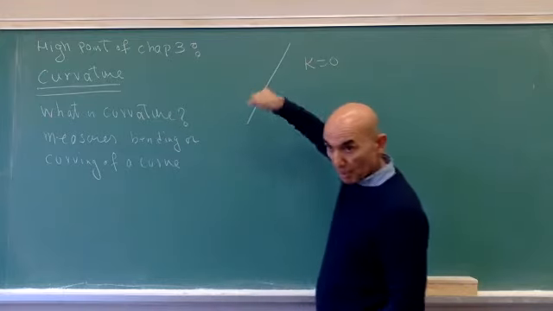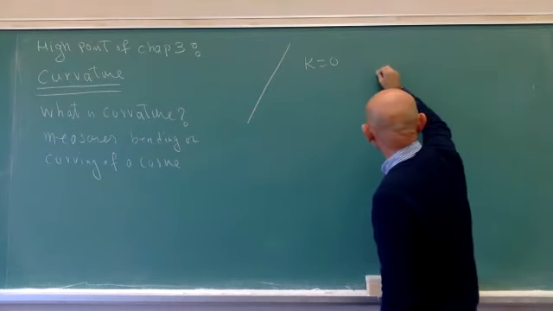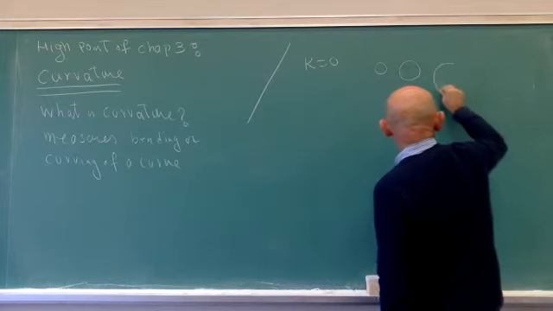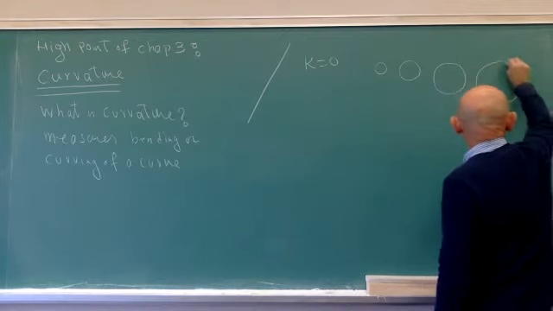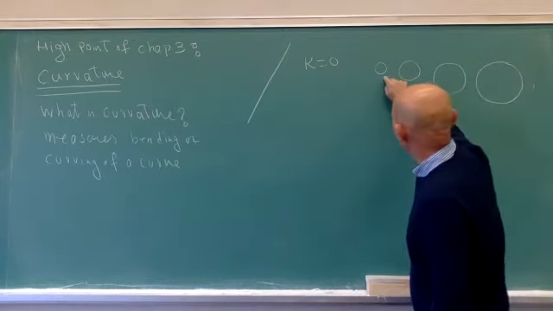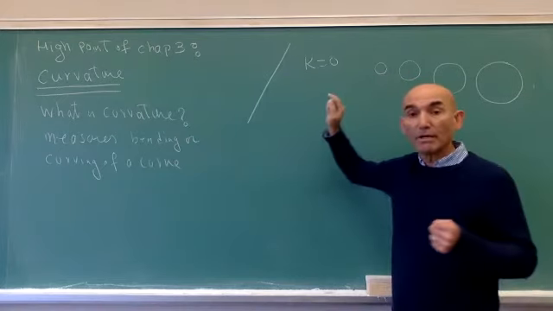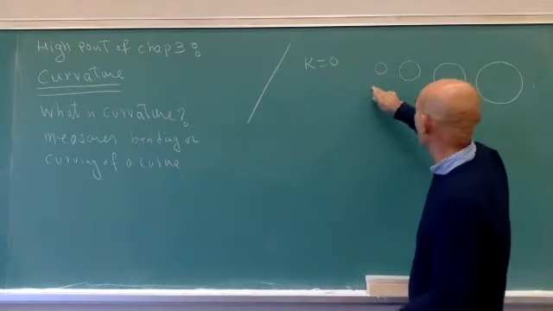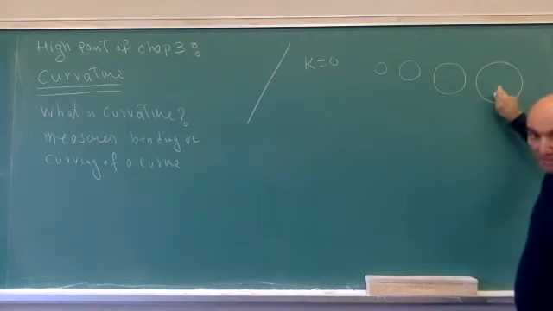And we want a measure such that for circles with bigger and bigger radius, I want this one to have higher curvature, more bending, more curving, compared to this, and this one less, and this one even less.